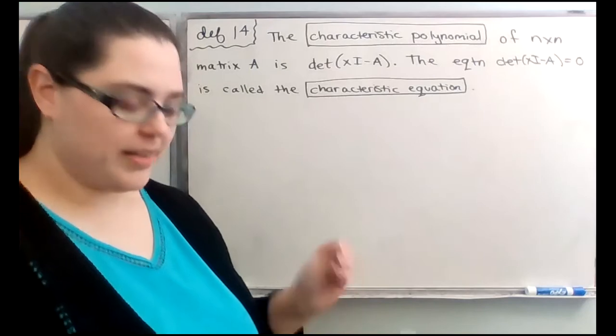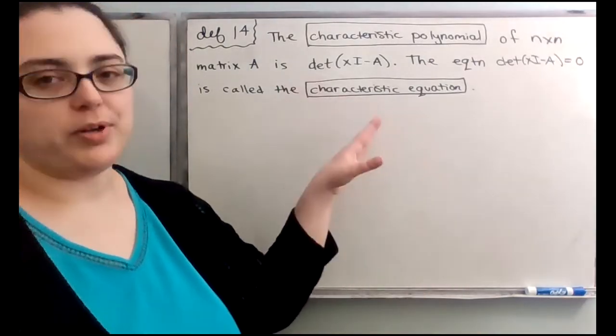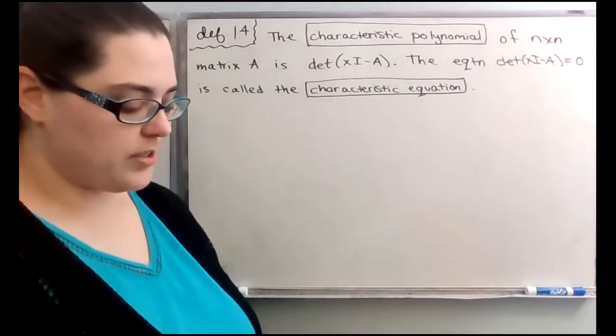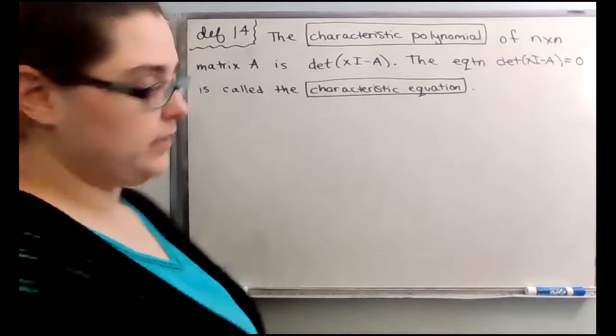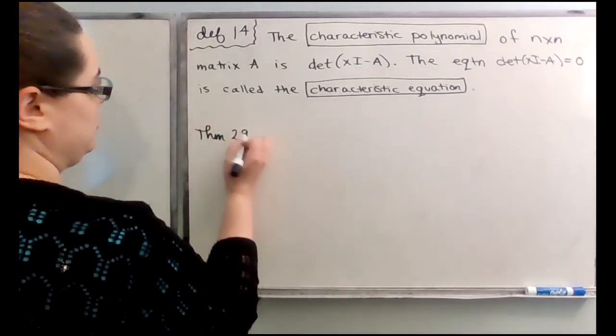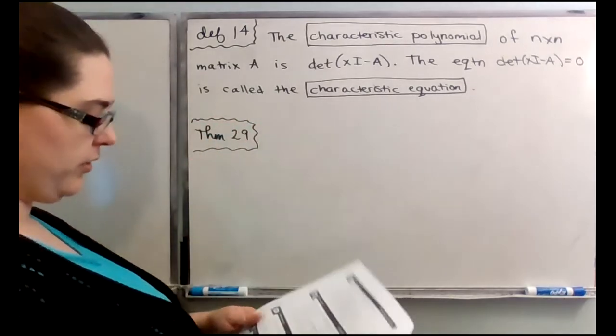This is useful because the characteristic equation is what we're going to use in order to find eigenvalues. So we're going to summarize that in theorem 29, which states the following.